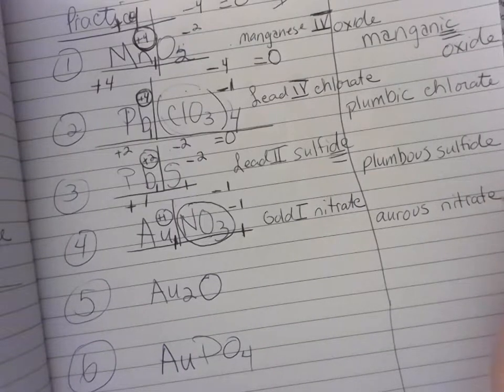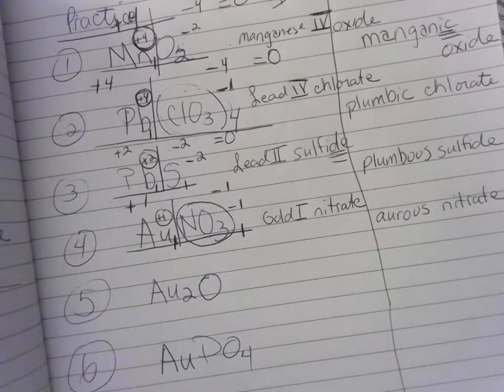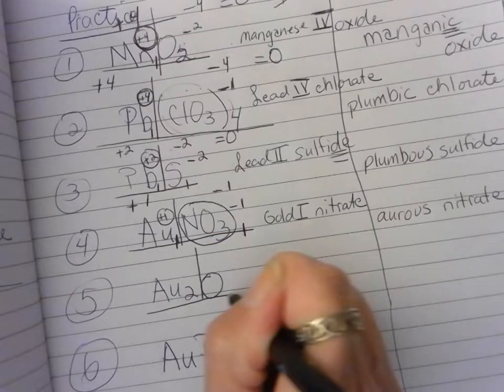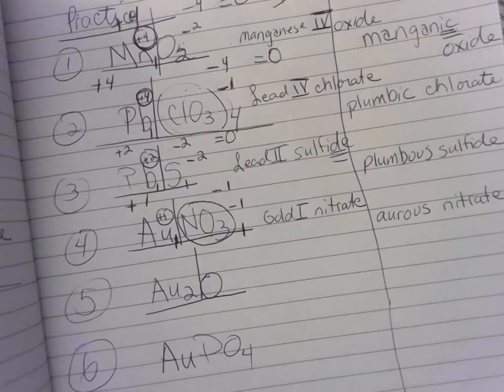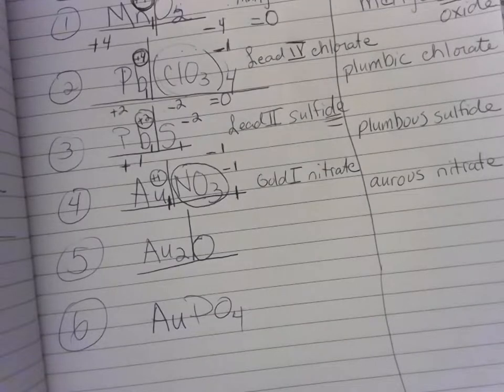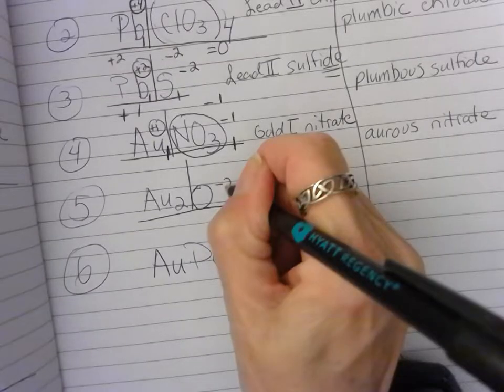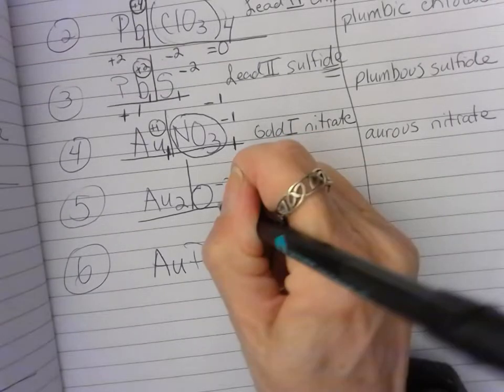Alright, let's see what we've got here. In this case, we've got oxygen as our monatomic anion. Oxygen as a monatomic anion will always have a -2 charge. We have one of them, so this is a -2. This has to be a +2.